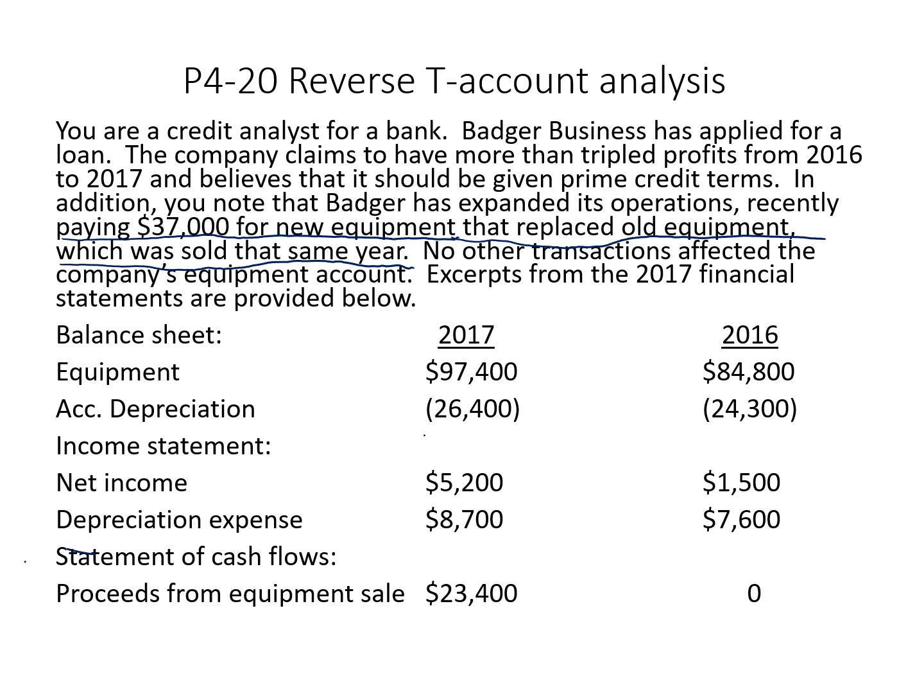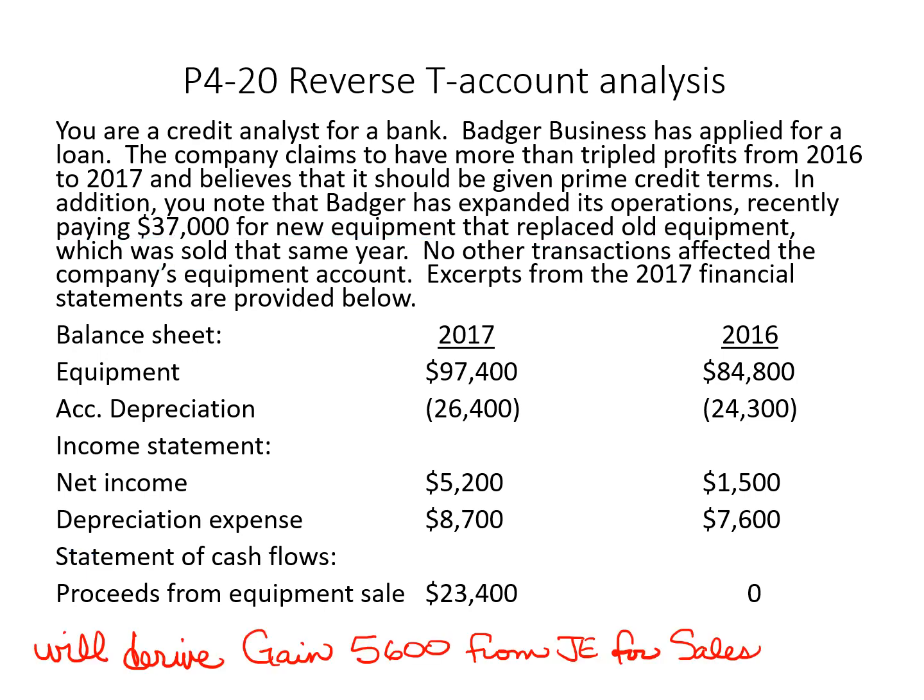So we're given some information, and we're going to play CSI accounting by reconstructing the equipment account, the depreciation accounts, and figure out what the journal entry was when we sold that piece of equipment. You will find that when we go through this, you're going to find a gain from the sale of $5,600 from the proceeds from selling the equipment.